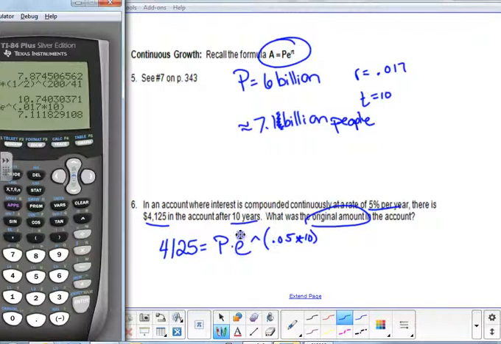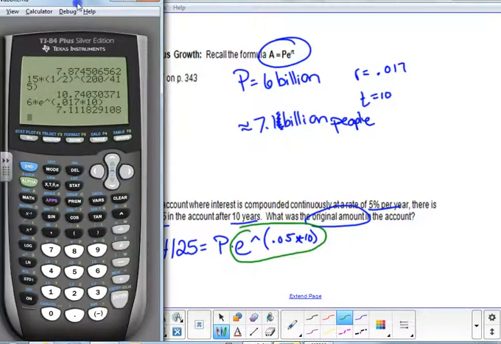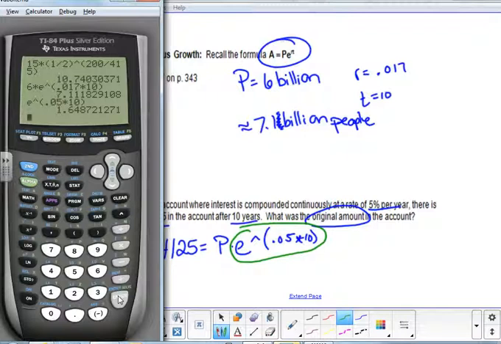So the first thing I'm going to do is I'm going to calculate this decimal right here, and it's not going to be pretty. So e to the 0.05 times 10 power, and that's lovely, 1.649 we can round that to. So we have 4125 equals P times 1.649.